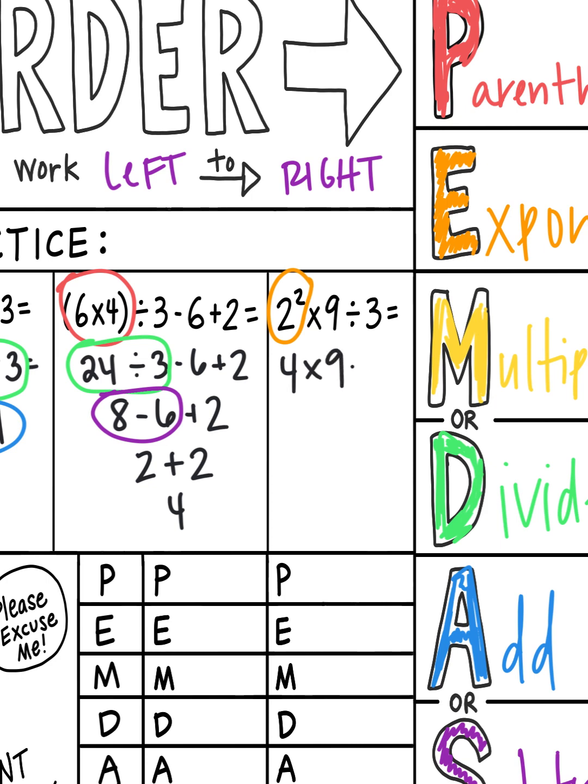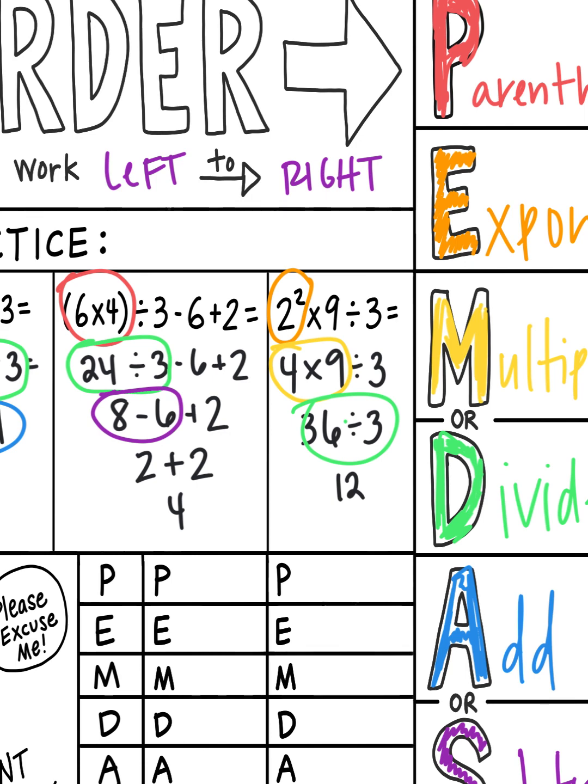And then bring down everything else I haven't used. Now I'm going to multiply or divide left to right, whatever comes first. So what comes first? So 4 times 9 is 36. And then last is my division here, which is 12. Again, it makes that shape of a pizza.